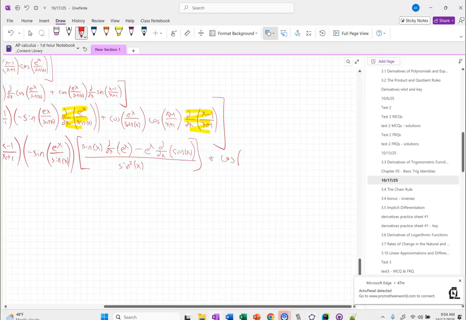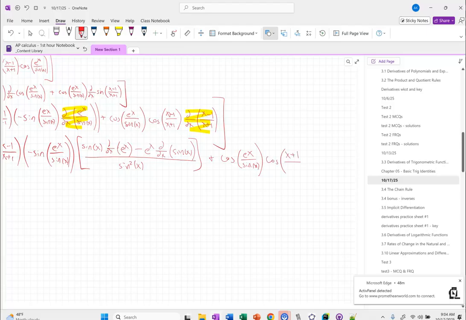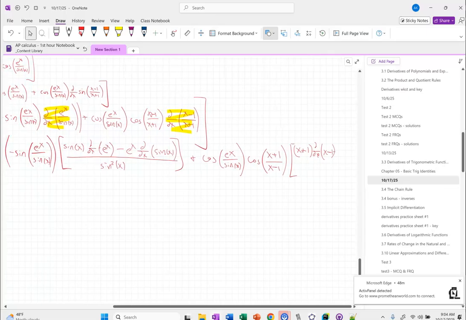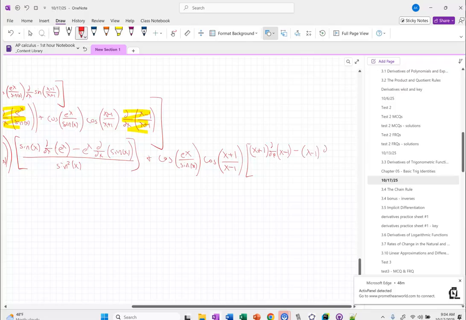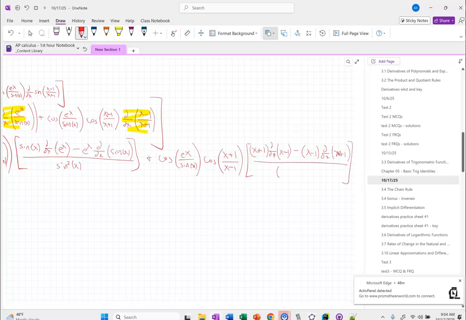Plus, and then this guy, and then we have bottom times the derivative of the top minus top times the derivative of the bottom all over bottom squared.